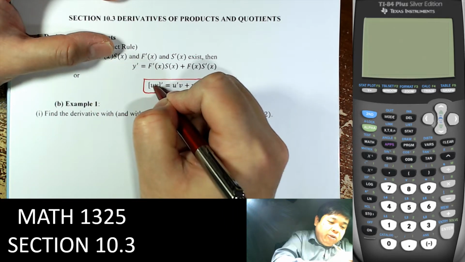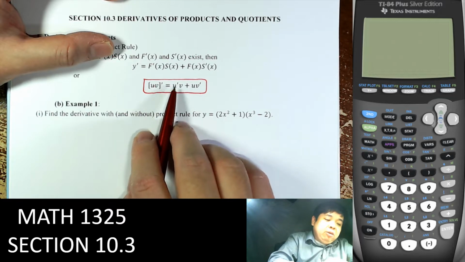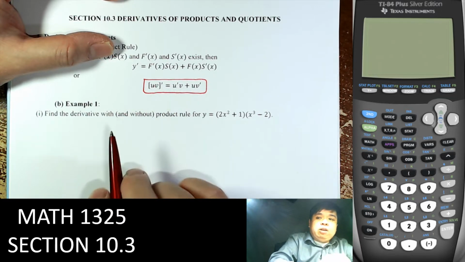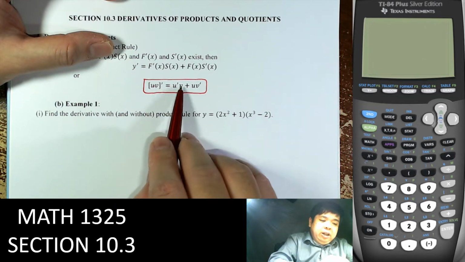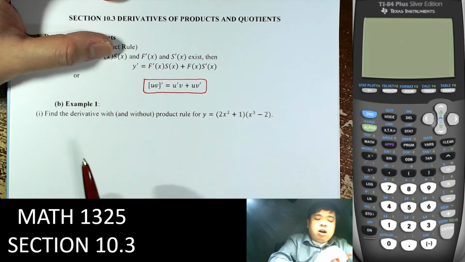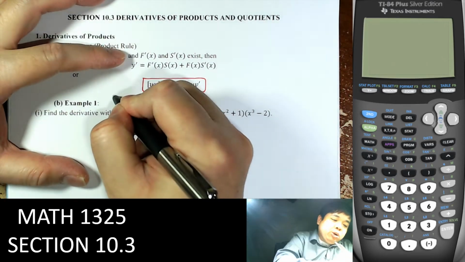So the derivative of u times v is the derivative of u times v plus u times the derivative of v. But in general, if I write three terms, you will get the idea of the product rule in general.